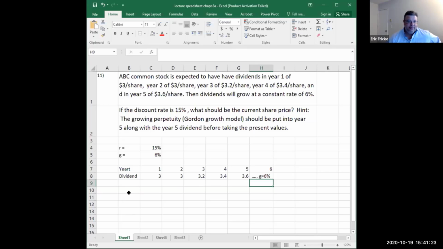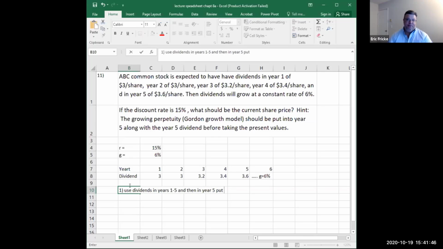One is to use the dividends in years 1 through 5, and then in year 5, put in the Gordon growth model.